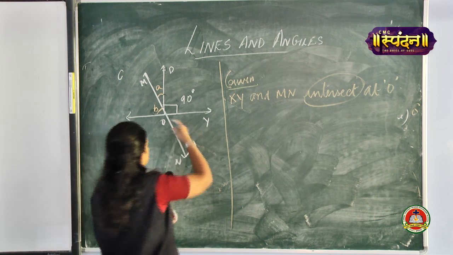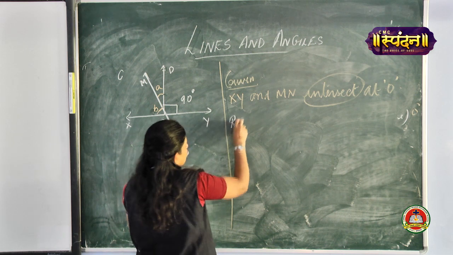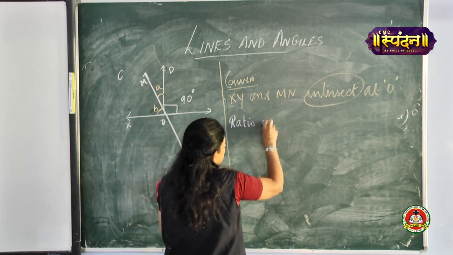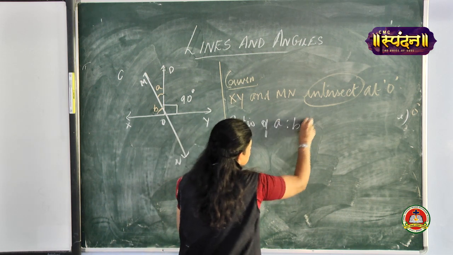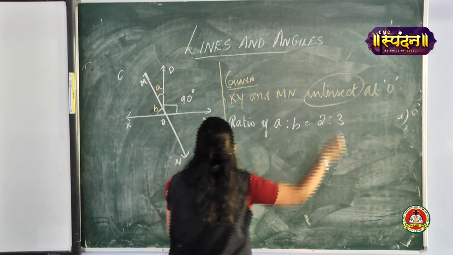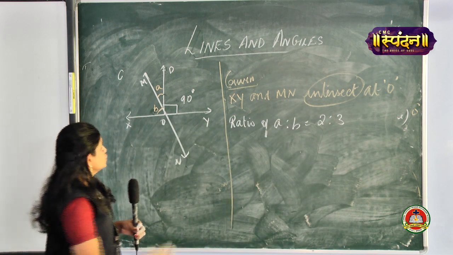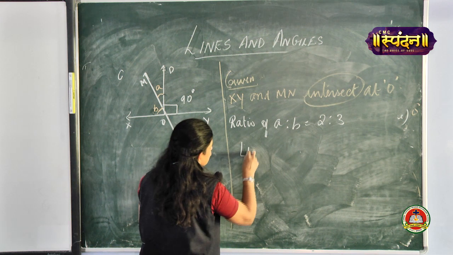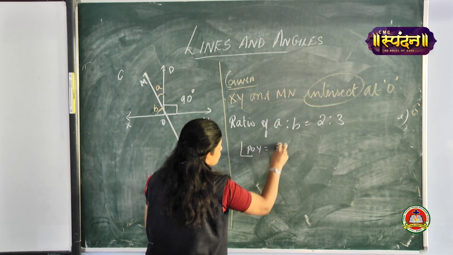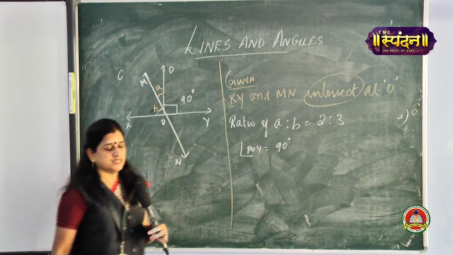Now what is second condition given? Ratio of A is to B is equal to 2 is to 3. Also it is given angle POY is equal to 90 degree.